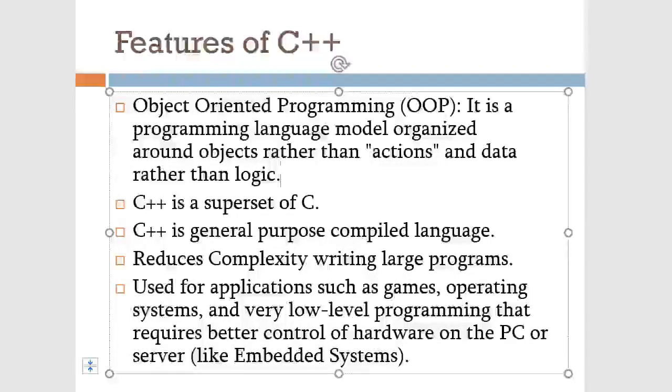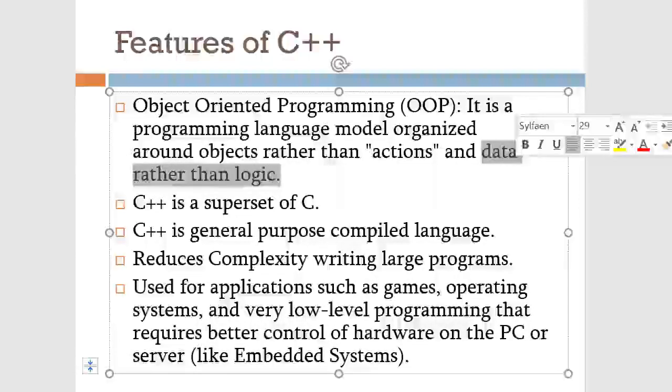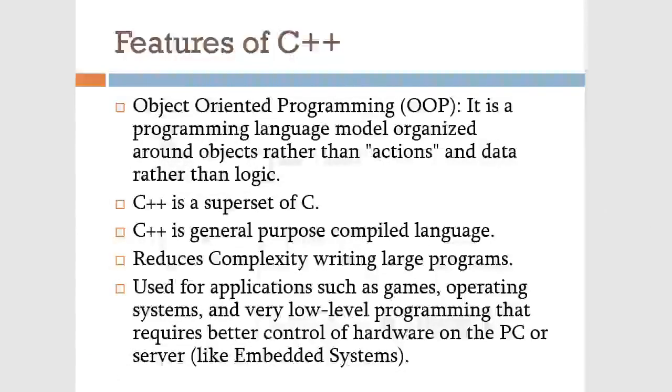And then the data present in that class is bound with that object. So the data can be accessed through those objects. In this object-oriented programming concept, the model is organized around the data rather than its logic. So there is more control over the data as compared to the C programming language.